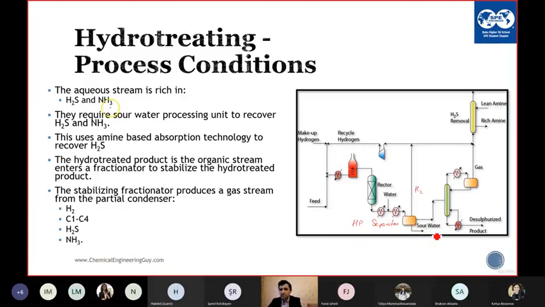This is the three-phase separator, and then the liquid product is sent to the stabilization section. In the stabilization section, you again treat your product, you separate the gases, and then the sulfurizated product, which can be different for each unit. For naphtha hydrotreating unit, this product will be naphtha. For diesel hydrotreating unit, it will be diesel product.